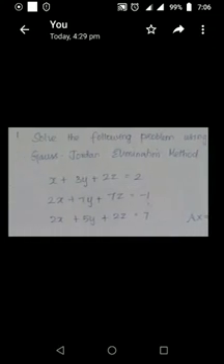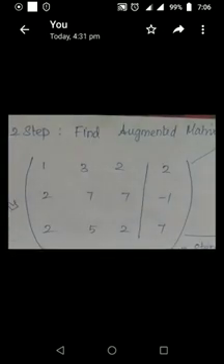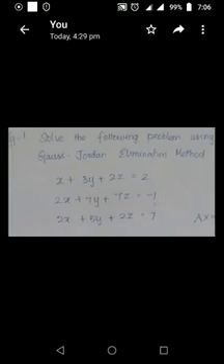After finding the matrix, the next step is to find the augmented matrix. The augmented matrix is the A matrix combined with the B matrix. The B matrix is simply 2, minus 1 and 7.